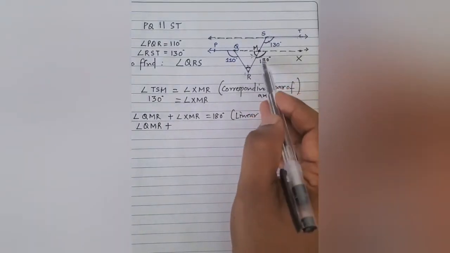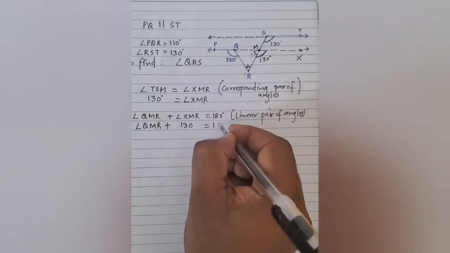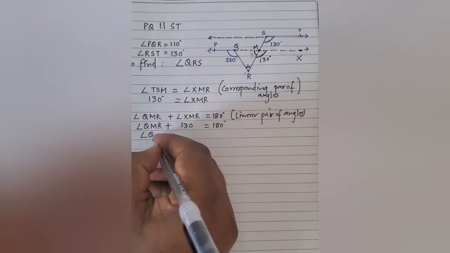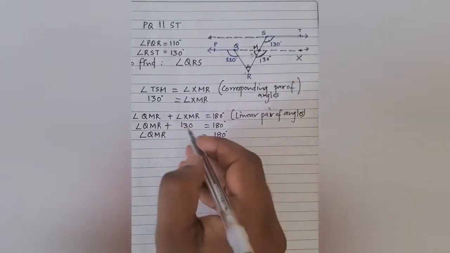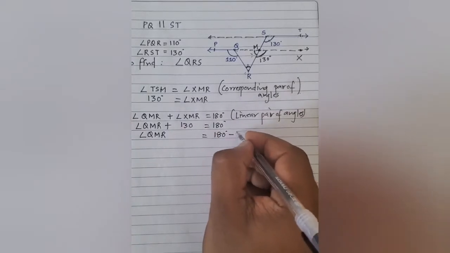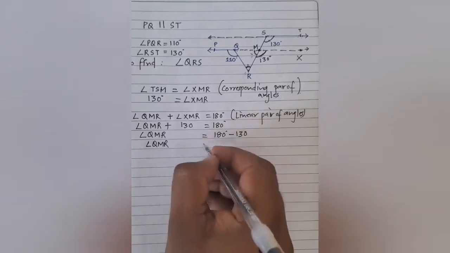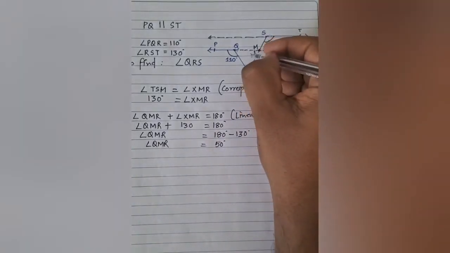What is XMR? It is equal to 130 degrees. So that is equal to 180 degrees. So QMR is equal to 180 degrees, and 130 goes to the other side and becomes minus 130. Therefore QMR is equal to 50 degrees. So I've got this to be 50 degrees now.